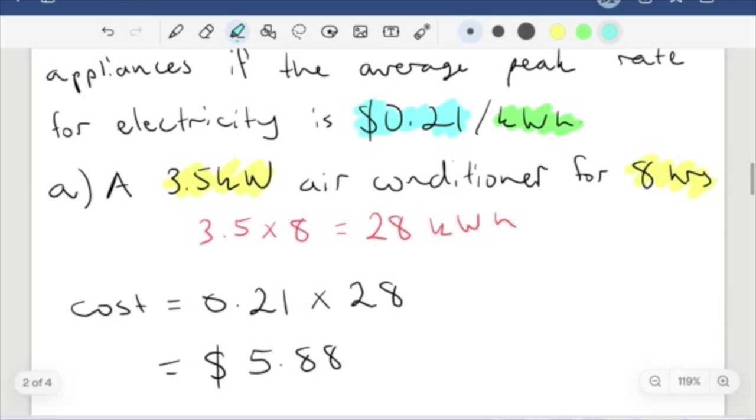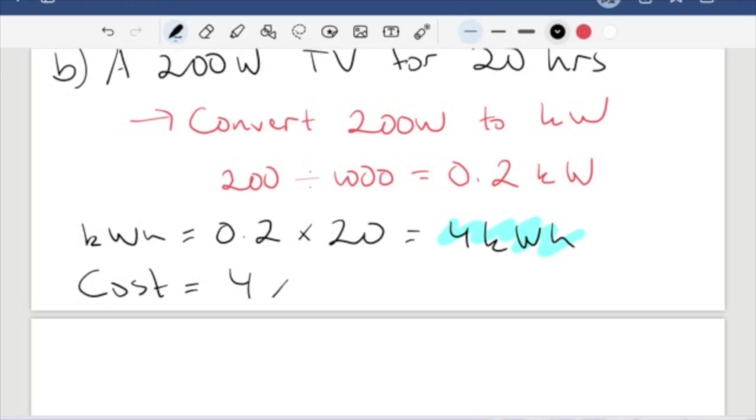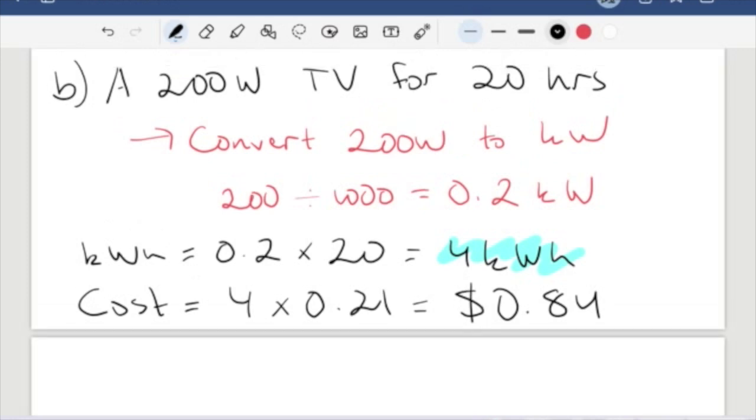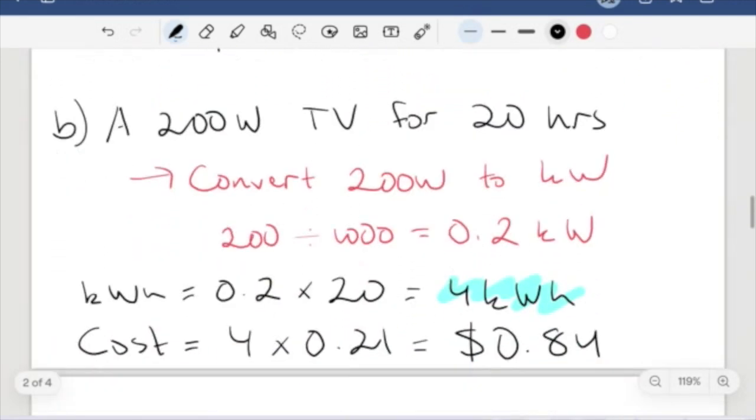So we're paying $0.21 for 1 kilowatt hour, so to find it for 4, we multiply this through. My cost equals 4 kilowatt hours times 0.21, which gives me 0.84. So we can see here the cost is going to change depending on the amount of energy that the appliance uses. An air conditioner, in this case, uses quite a bit more energy than the TV.